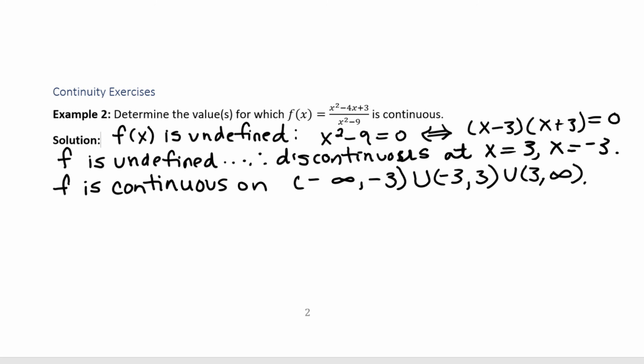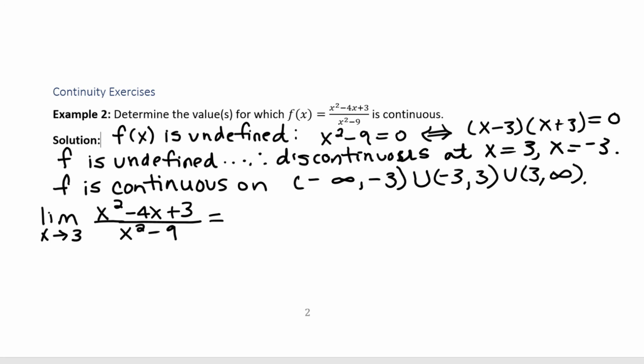Let's classify what types of discontinuity we have at negative 3 and at 3. To do that, we need to find the limit. So to classify, let's begin by computing the limit as x approaches 3 of our rational function x squared minus 4x plus 3 divided by x squared minus 9.